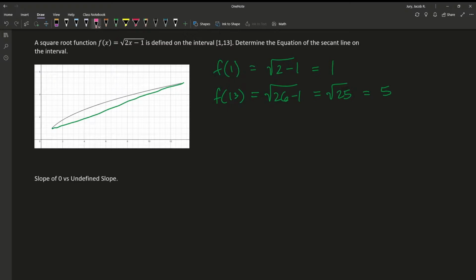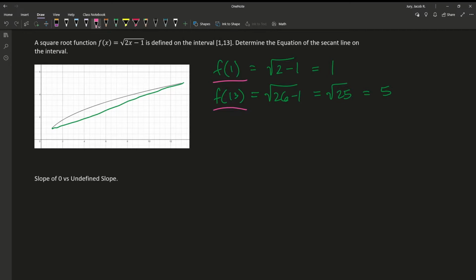There we have our building blocks, and it's important to note here that I'm labeling everything. So I'm telling myself that the output when I put in 1 as my input is 1. The output for 13 is 5. And that's going to be really important when you're describing things in mathematics terms, because other people can read it. And that's what you're going to have to do in calculus.